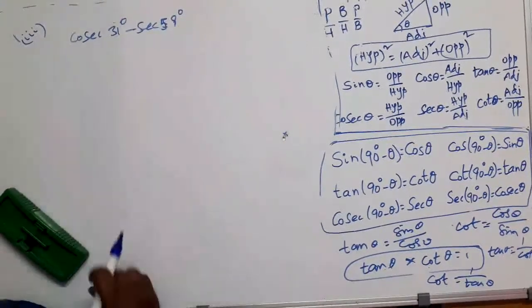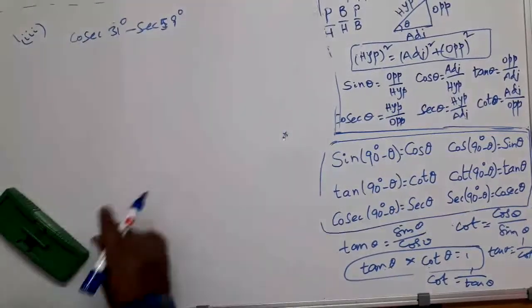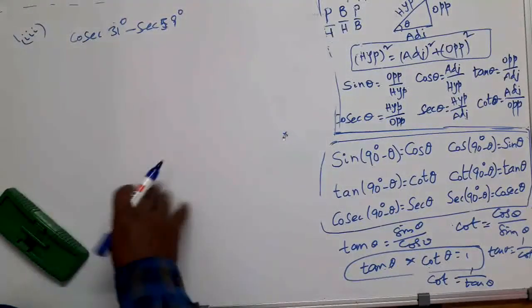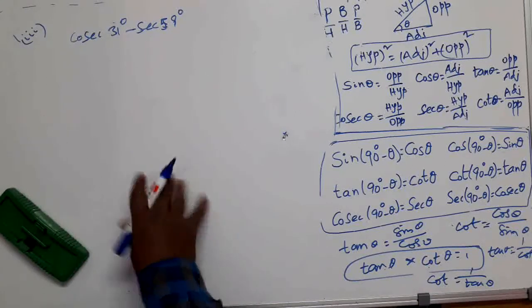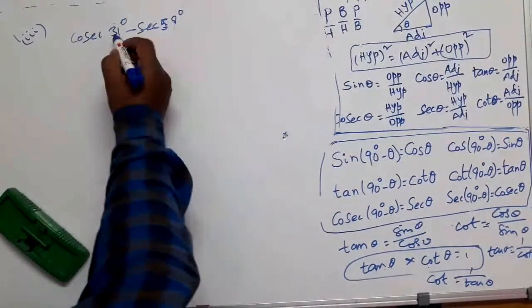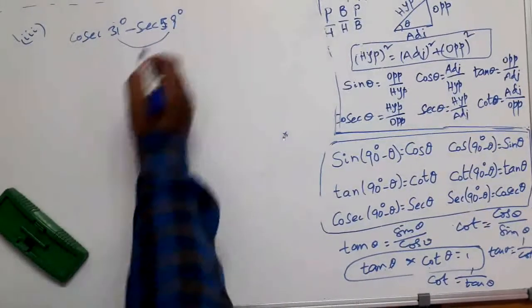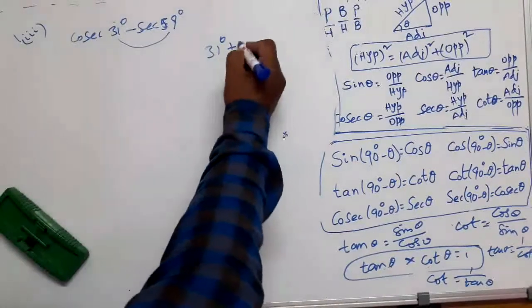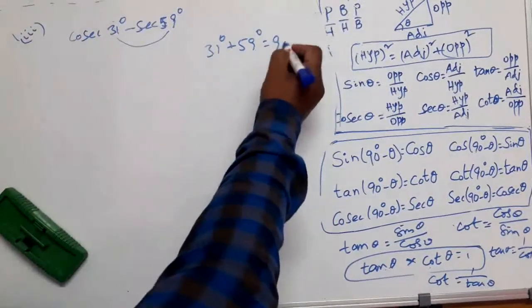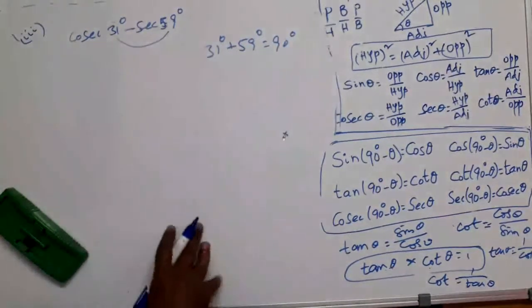Same logic. Do you know the value of cosec 31 degrees directly? No. Secant 59 degrees directly? No. So what shall we do? I am thinking, is there any relation between these two angles? Yes, we have observed that 31 degrees plus 59 degrees is 90 degrees. That is how the question is framed.